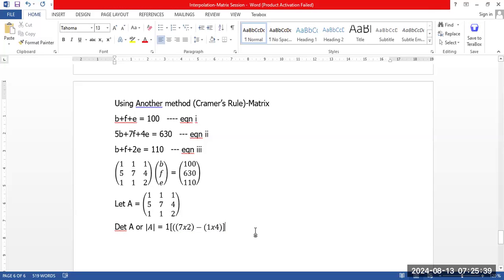Then when you start with the positive, the next here you put negative. Minus what? What is the next figure? We are done with this first figure.